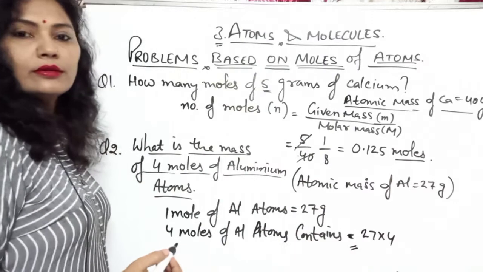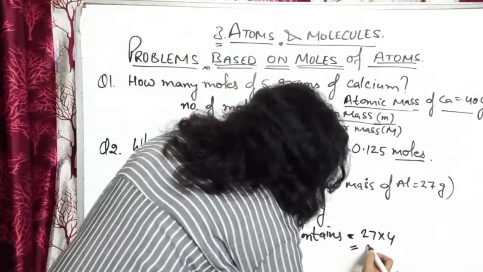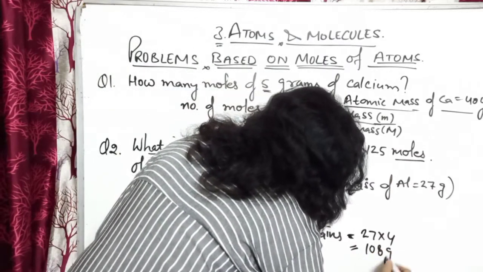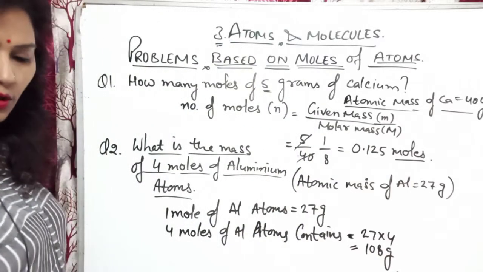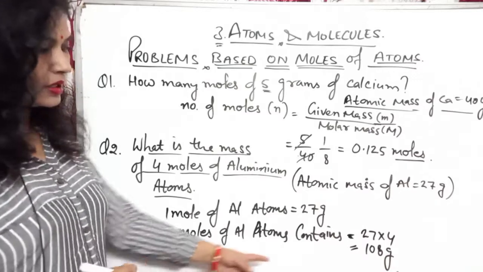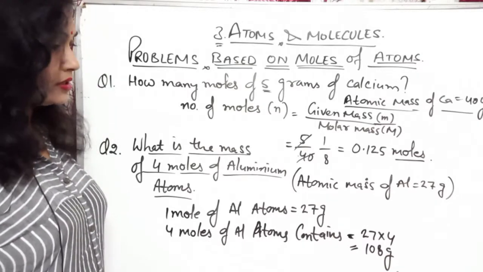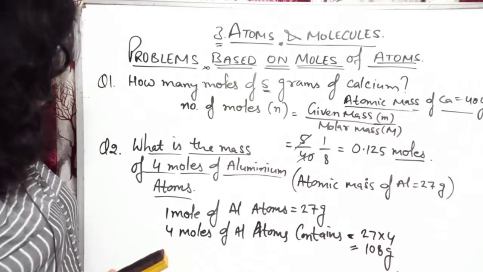How much is that? That is 108 gram. So 4 moles of aluminum atoms contain 108 grams.